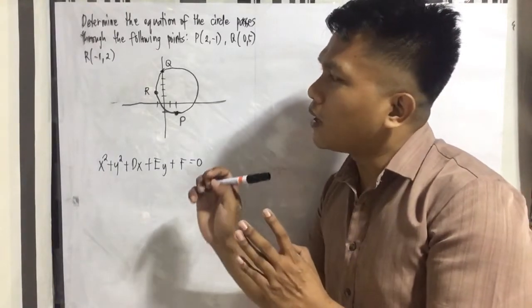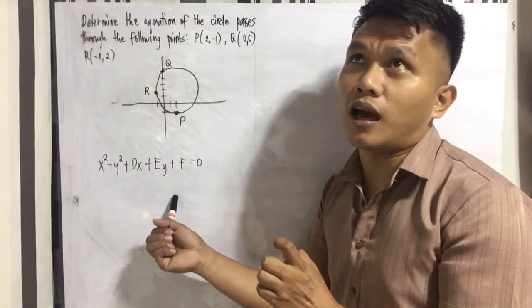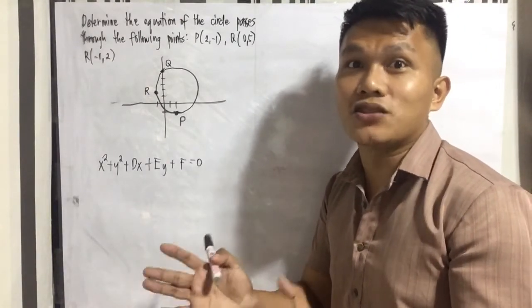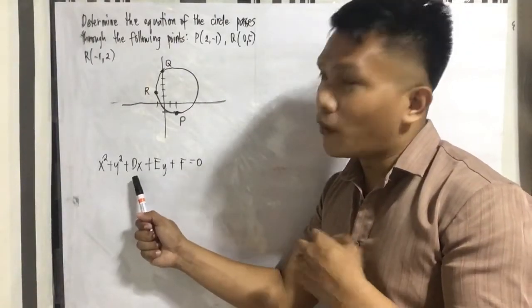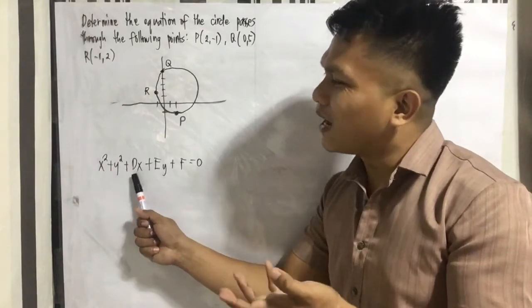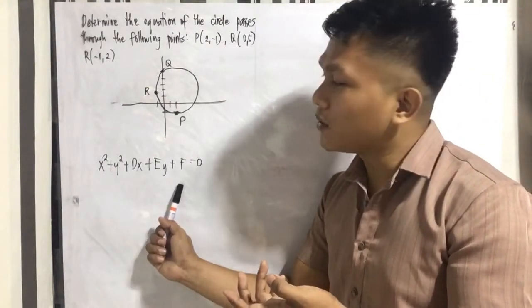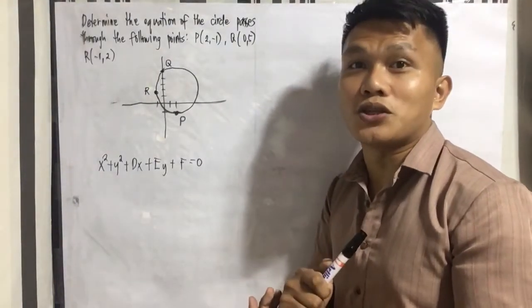Using this kind of method, we can arrive at exactly the general equation of the circle, because once we find the values of D, E, and F, we just put them in here, and this is the general form of the equation of the circle.